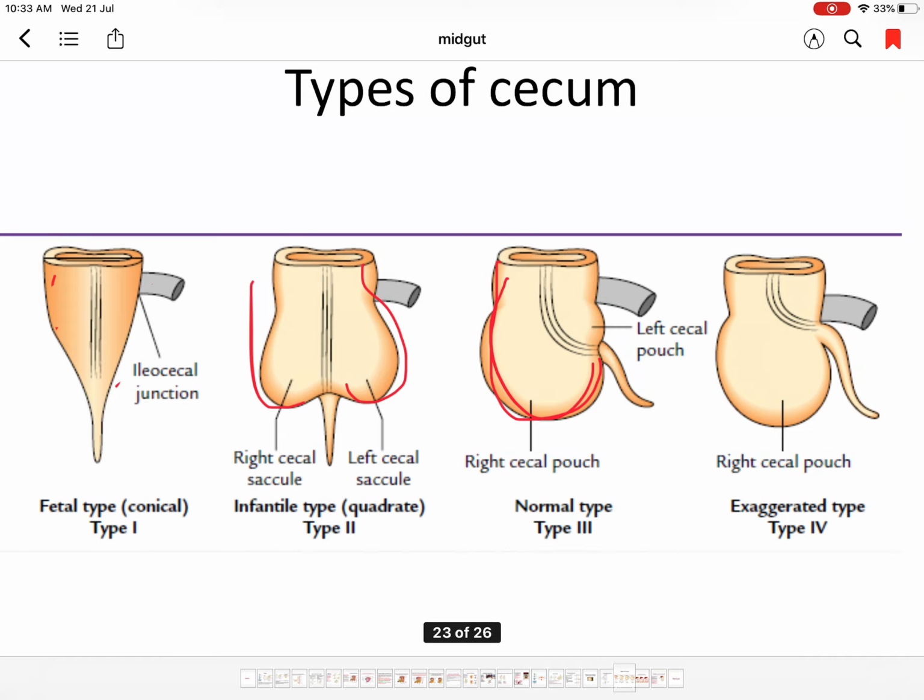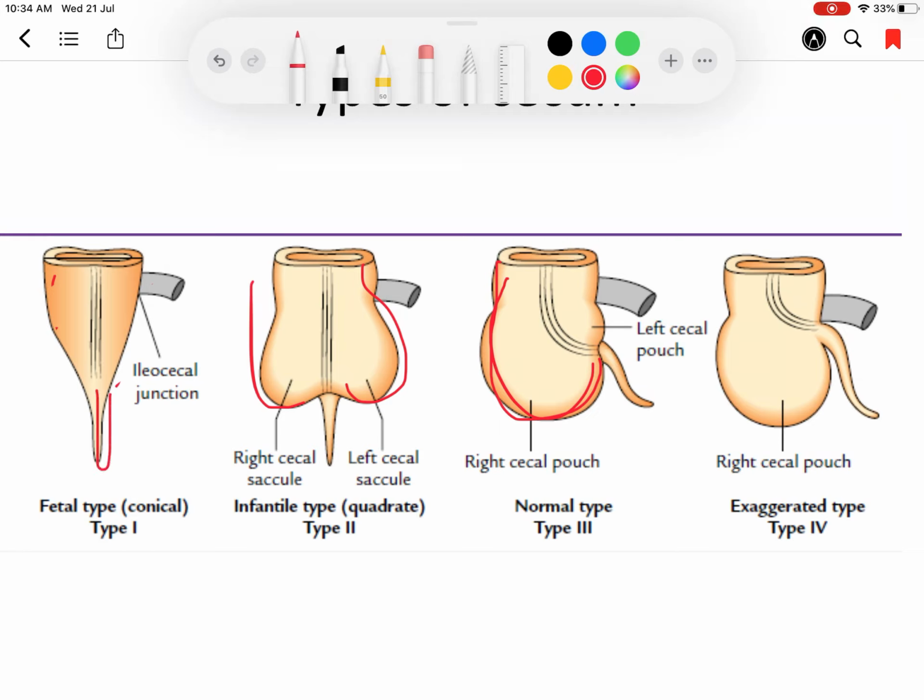and then that will lead to the final position of the cecum, which comes on the medial side. Because of excessive growth of the right cecal pouch, the appendix is shifted to the medial side. So initially the cecal bud arises from the postarterial segment, and from its apex a diverticulum arises, which is called the appendix.